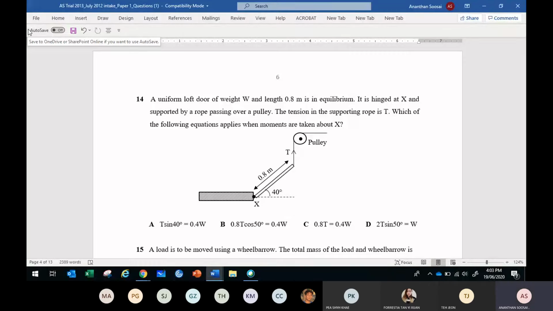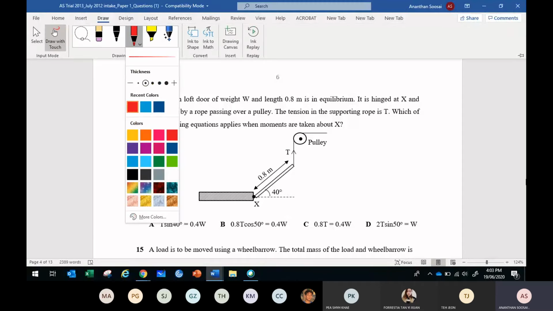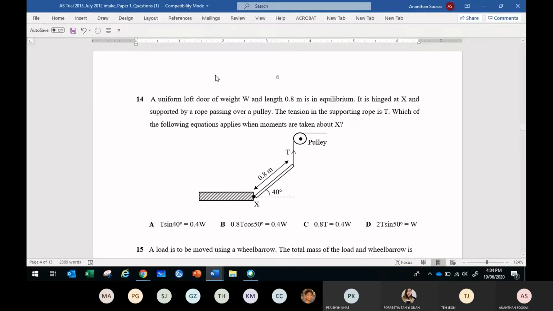Is it in equilibrium? Oh yeah, it's in equilibrium. So the clue is the door is in equilibrium. Identify all the forces, then you can get the answer.